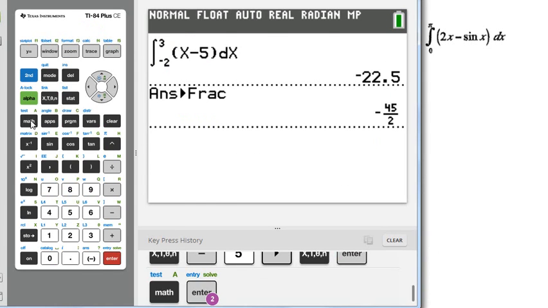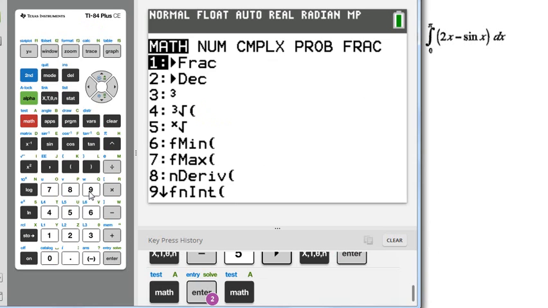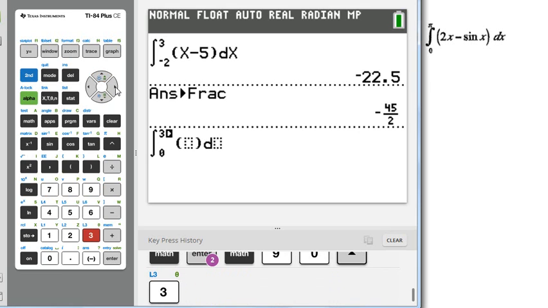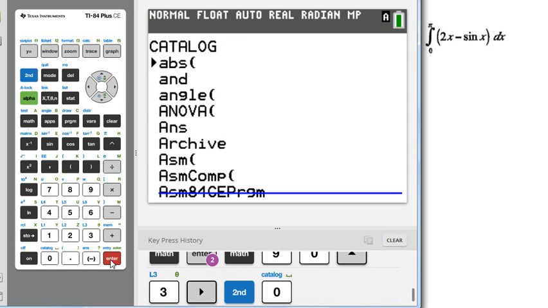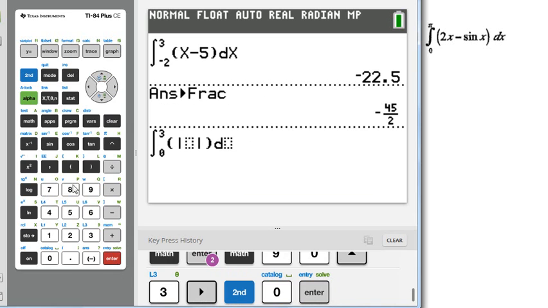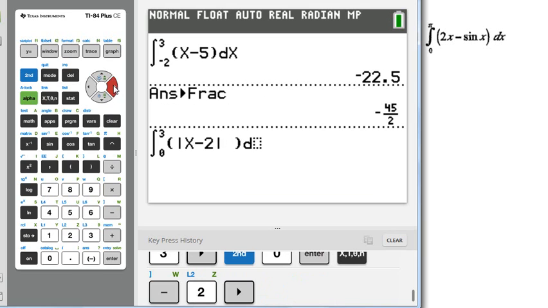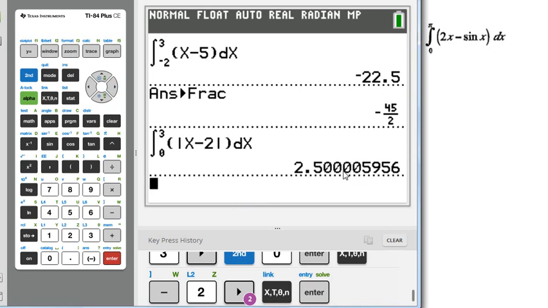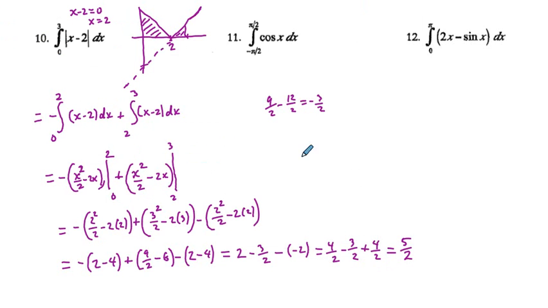We have the integral from 0 to 3 of the absolute value, second catalog enter, x minus 2, dx, and we should get, yes, with the little TI idiosyncrasy rounding error, 2.5, 5 halves. So it checks out.